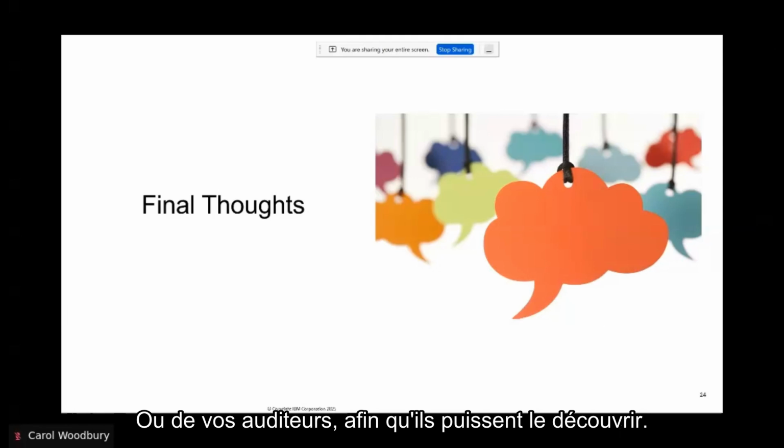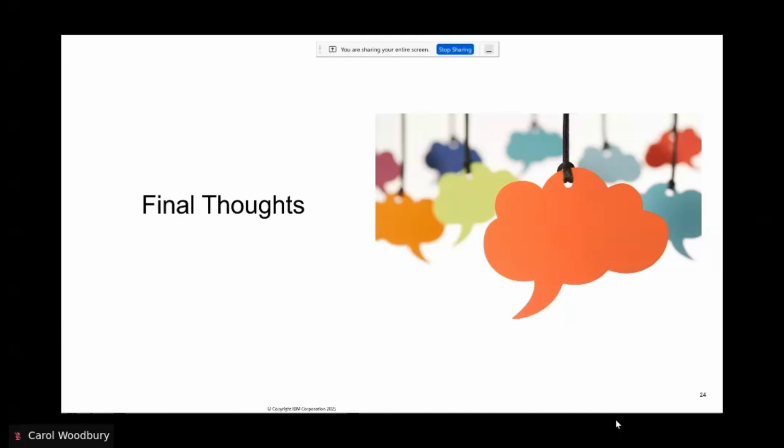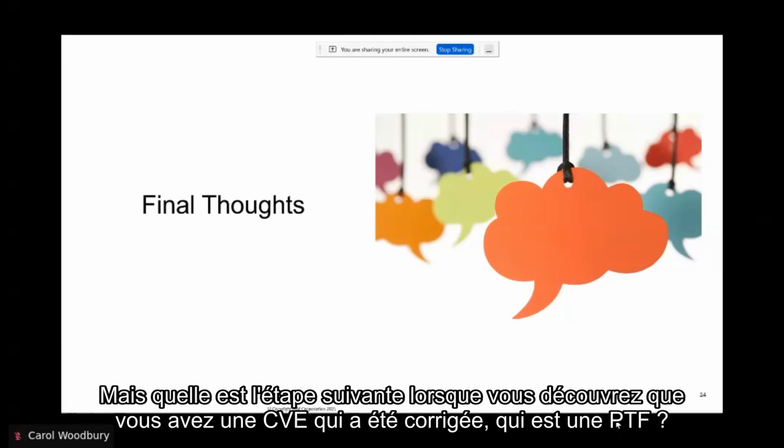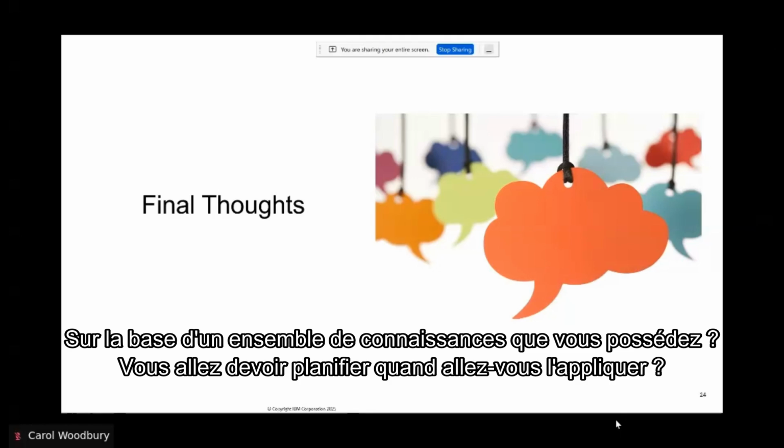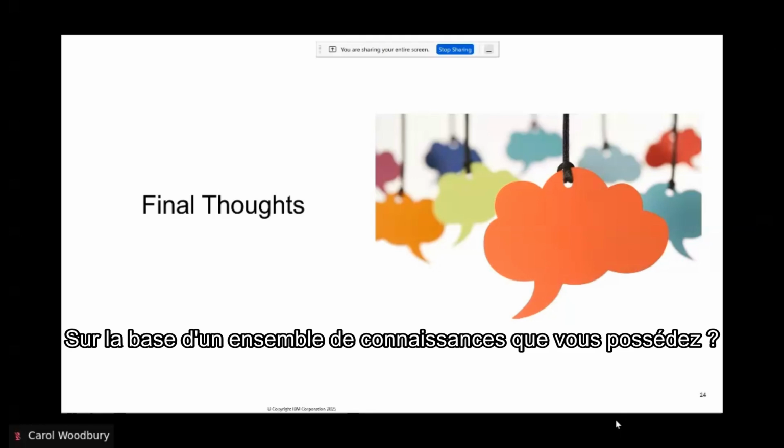But what's the next step that you take when you find out that you have a CVE that has a fix that is a PTF? Well, you are going to plan when you are going to apply that based on a bunch of knowledge you have.